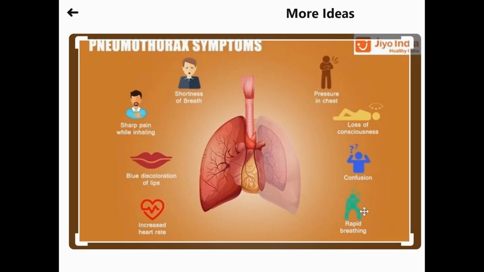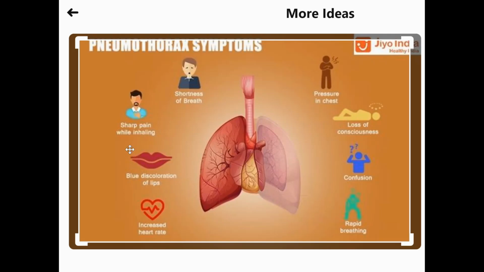Increased respiratory rate, tachypnea. And as the severity increases, the patient may experience cyanosis. There will be absent breath sounds on the affected side. Blood pressure may drop, with confusion and loss of consciousness. These severe symptoms are usually seen in tension pneumothorax.